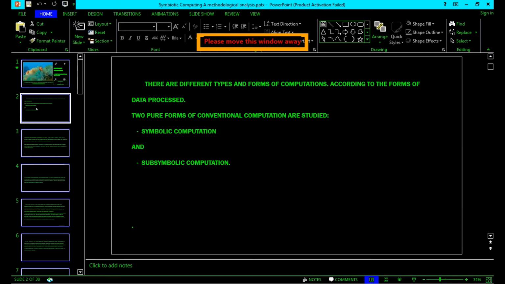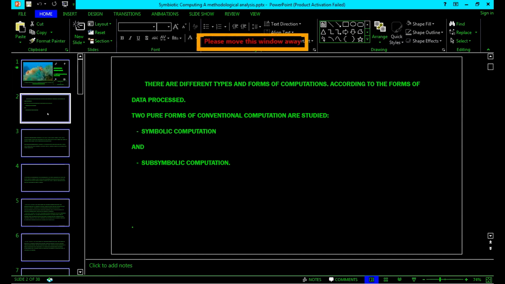But what's necessary to mention is that, as for now, all new artificial neural networks are simulated on conventional computers, which actually perform symbolic computation.